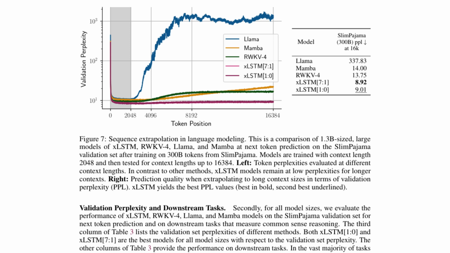Left: token perplexities evaluated at different context lengths. In contrast to other methods, xLSTM models remain at low perplexities for longer contexts. Right: prediction quality when extrapolating to long context sizes in terms of validation perplexity, PPL. xLSTM yields the best PPL values, best in bold, second best underlined.